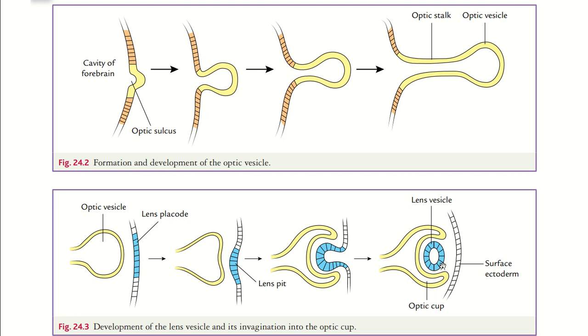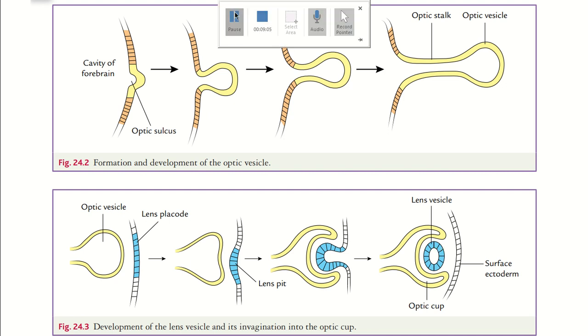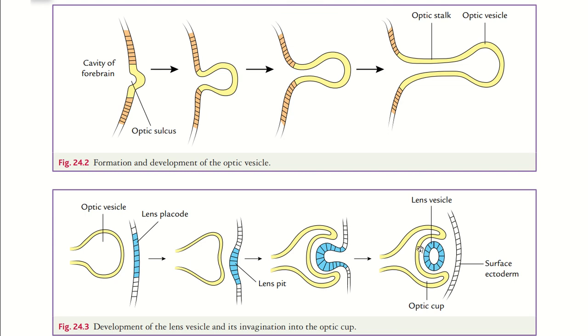This lens vesicle is the one that's going to be responsible for forming your lens. And also it's going to form the corneal epithelium that will be surrounding the superficial surface of the cornea.